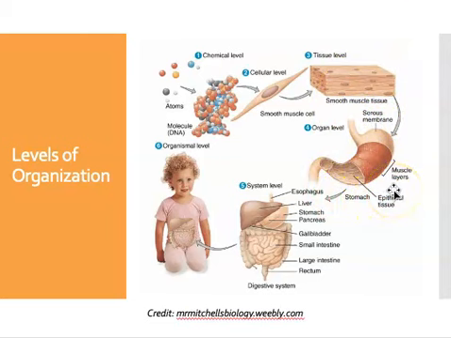Organs come together and work to achieve functions of organ systems. And of course, if we take all of the different organ systems together, we will create the organism. These are the levels of organization that you find in all multicellular biological life forms.